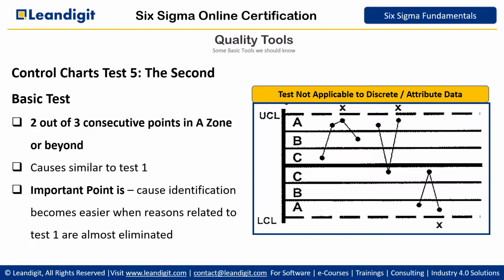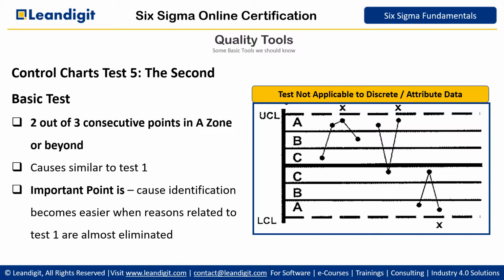The 5th test, also called the basic second test, becomes visible only when test number 1 is taken care of. In this case, 2 out of 3 consecutive points are in the A zone or beyond.